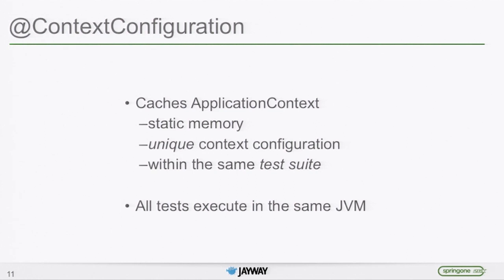Similarly, if you have more JVMs, you will create the same application context over and over again for the different JVMs. So although today it's very natural for us to parallelize things without thinking, when you do Spring-based testing, you may be surprised that you will not get the performance improvement that you hoped for.